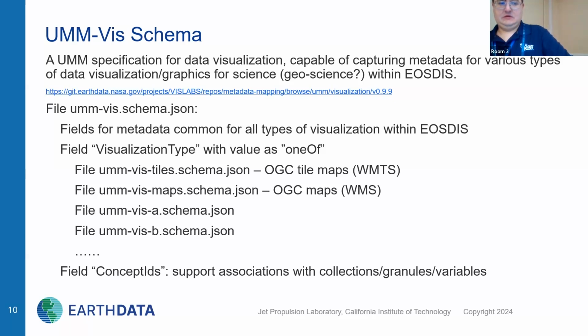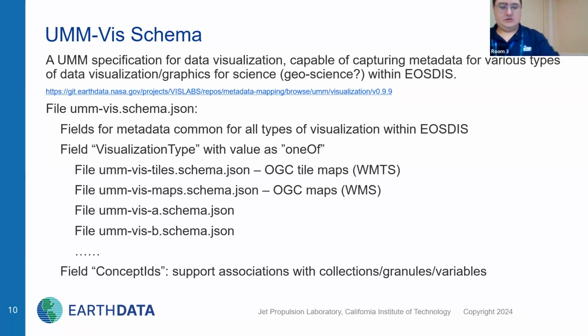Currently, we already implemented and designed a schema for the tiles type, which directly relates to GIBS OGC WMTS service layers. And also in that top level, another field is called concept IDs, which we can use to make connections or associations among different concepts, like UMVS layers, and also collections, granules, or some other variable concepts.